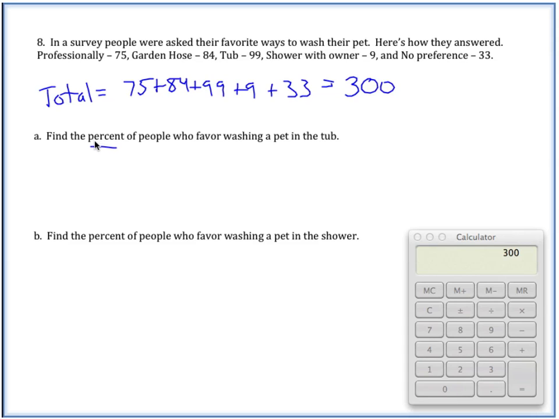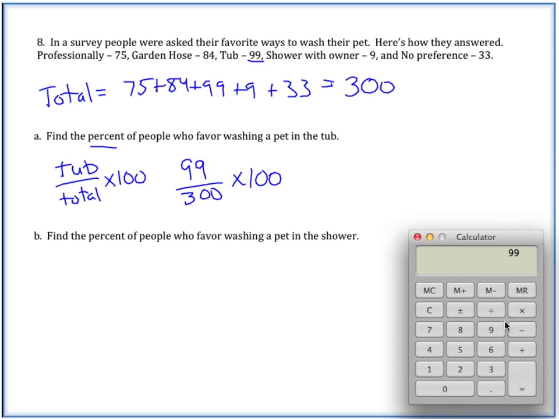So if we want the percent of people, okay, we basically want to take the number of tub washers over the total, and then to change it to a percent, just multiply by 100. So in this case, we have 99 in the tub divided by our total of 300, and this is going to be times 100.